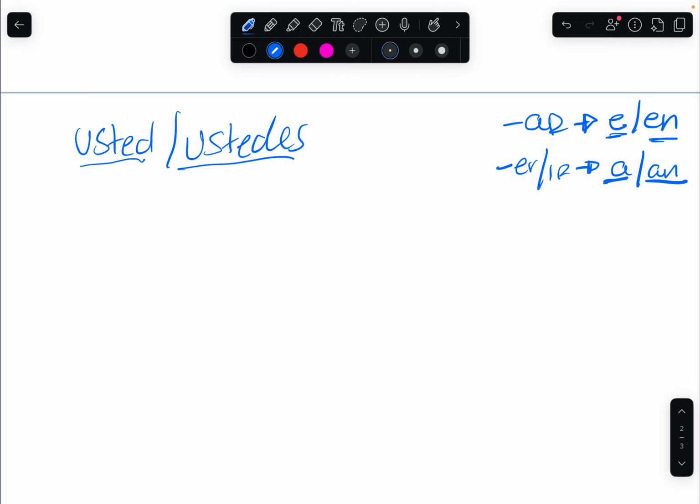So if I am trying to tell you guys, speak, I would use the verb hablar. But following these rules, and I'm telling all of y'all to speak, so it would be ustedes, I would drop the AR and add EN. So my word is hablen. This could be a formal command on its own, or a full sentence on its own.